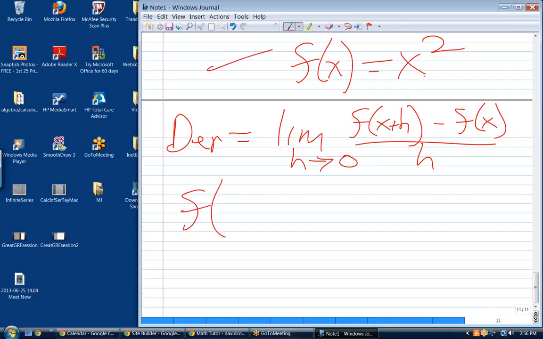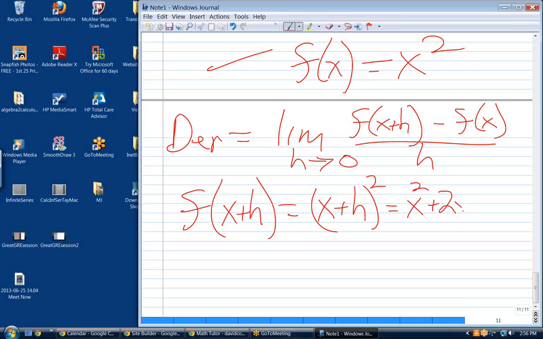If f of x is x squared, then f of x plus h is what? X squared plus h? Well, it's x plus h squared. Oh. In other words, I'm going to plug in whatever's in my parentheses wherever I find x. Okay, and then that's equal to x squared plus 2xh plus h squared.